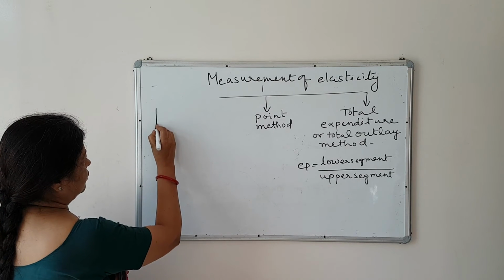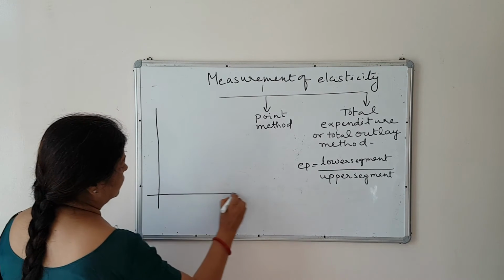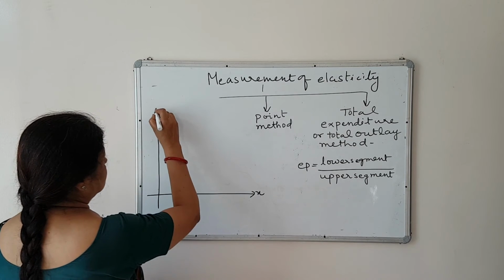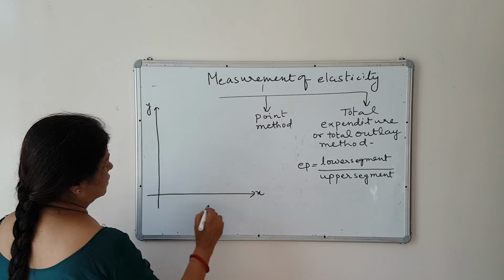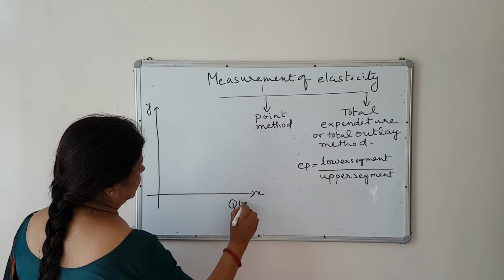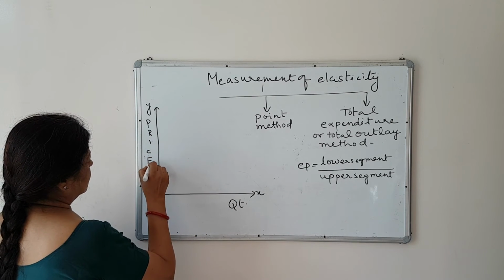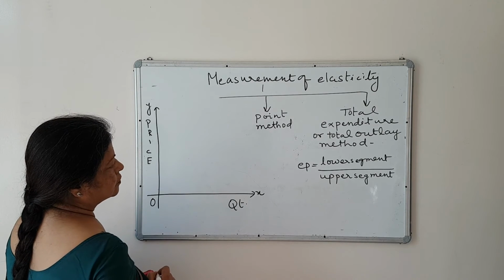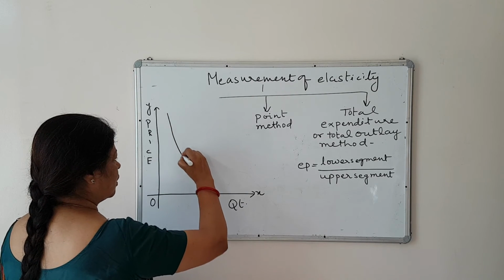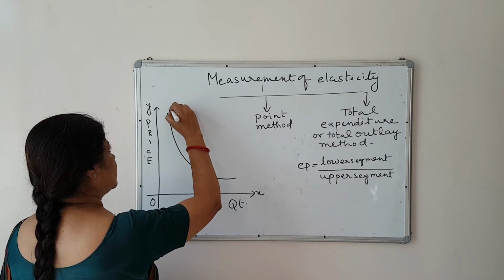So you draw a demand curve. This is the X-axis, this is the Y-axis. The X-axis is quantity, the Y-axis is price. So you draw a demand curve which has a slope.